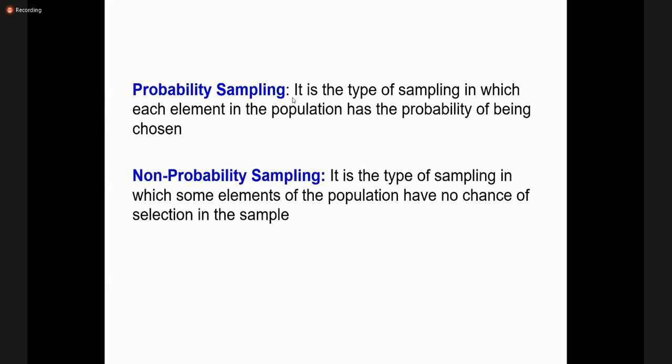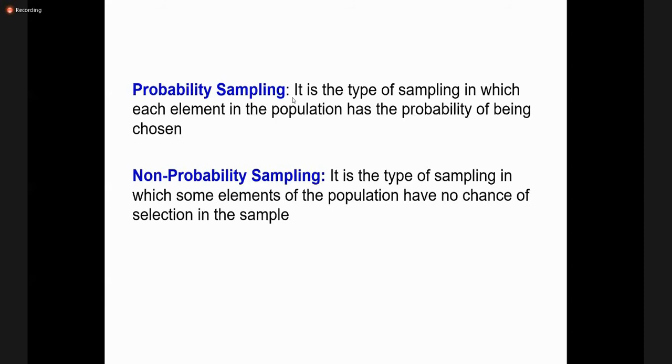So even if you have a population of 300 million and you are doing probability sampling, the sampling allows everyone to have a chance at least to become part of the subset. Of course, if you have to take a sample of 3,000 out of 300 million, not everyone will be part of the sample, but the technique you will be applying will give a possibility that everyone can be a part of your sample.